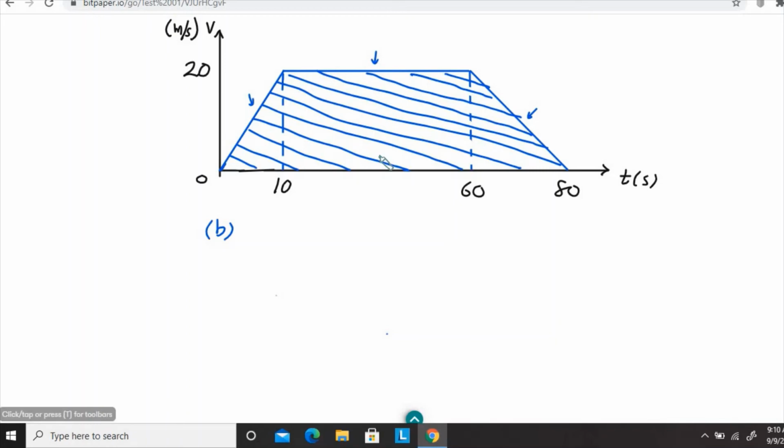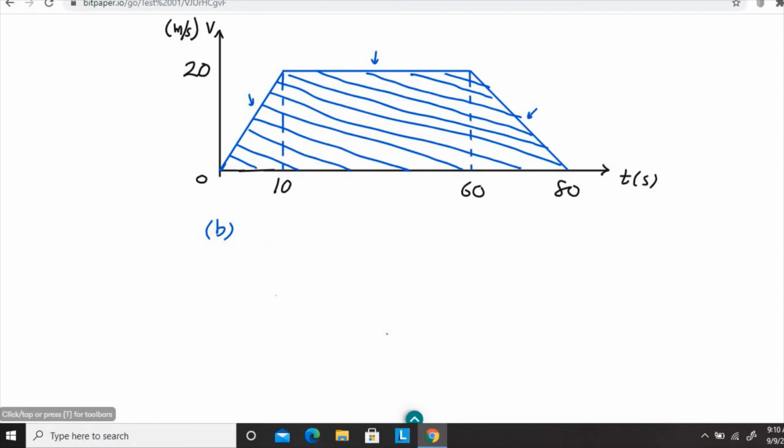So either you get the area using the large trapezoid, or you get the area by summing up these three components. Either way you should get the right answer. I'm going to use the easy method, that is, use the area of a trapezoid to get the displacement.